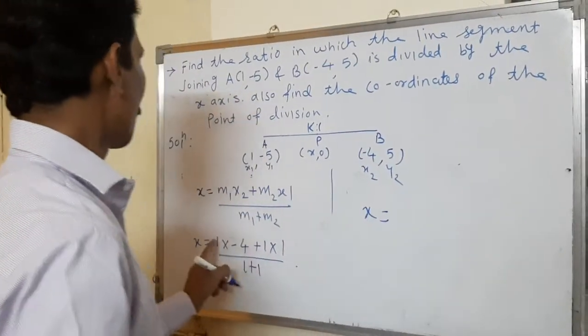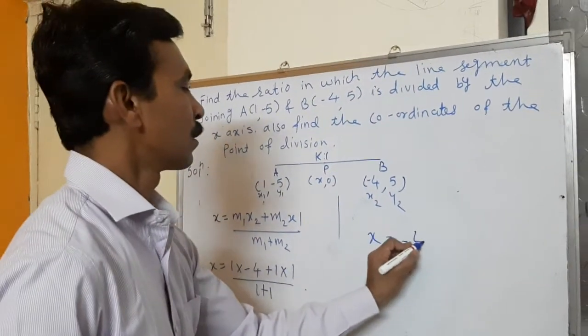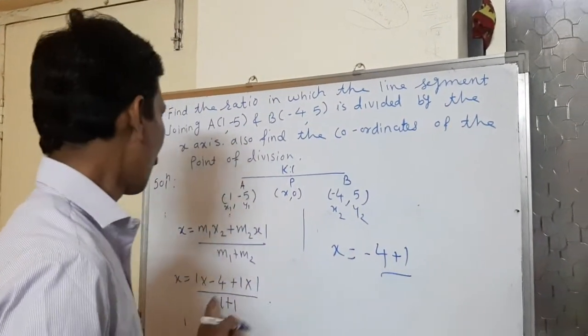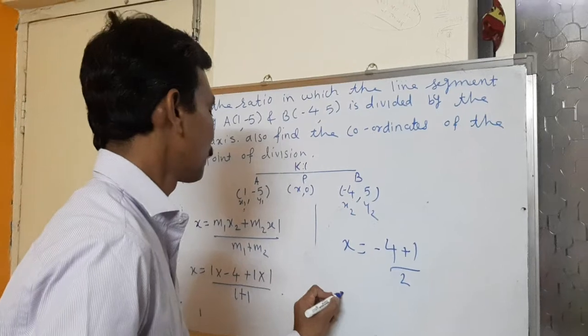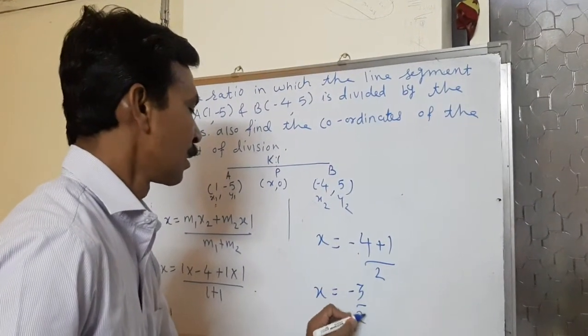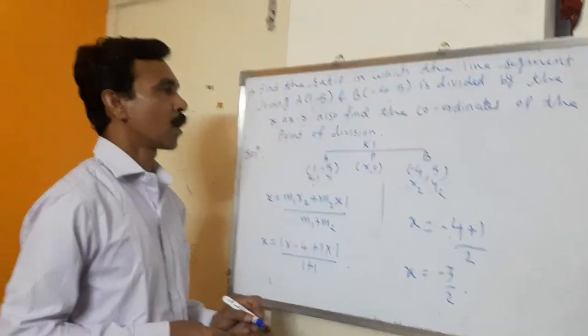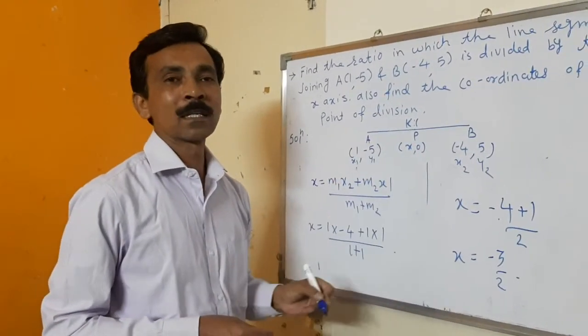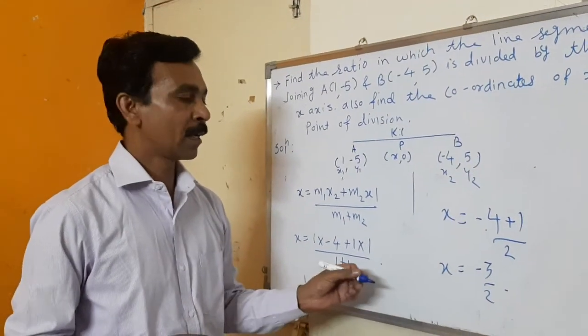X is equal to 1 into minus 4 plus 1, 1 is 1, upon 2. X is equal to minus 4 plus 1, minus 3 upon 2. So we have found out the coordinates of point of division. So this is the way to find the value of x.